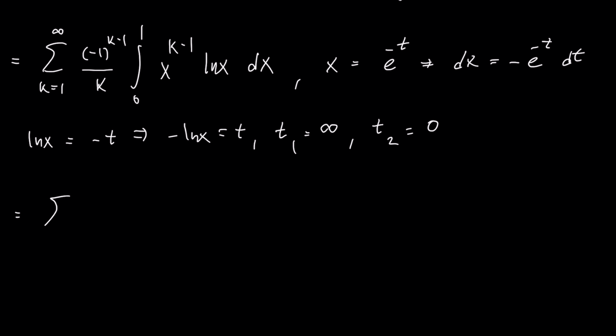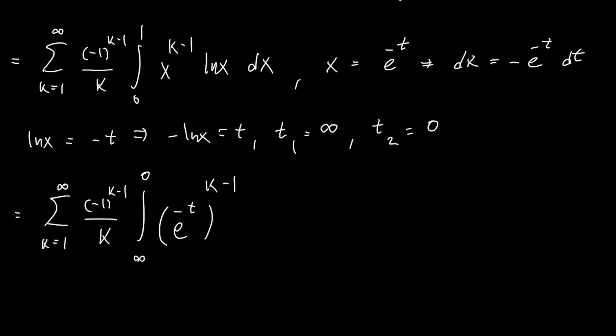So this is equal to the sum from 1 to infinity, negative 1 to the k minus 1 over k, and the integral from infinity to 0 of x, but that's e to negative t to the k minus 1 power.